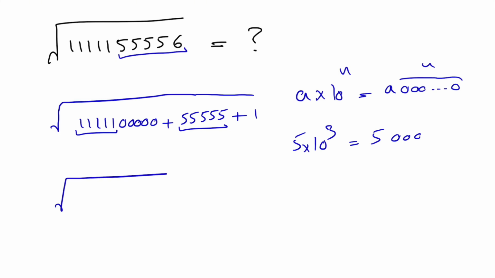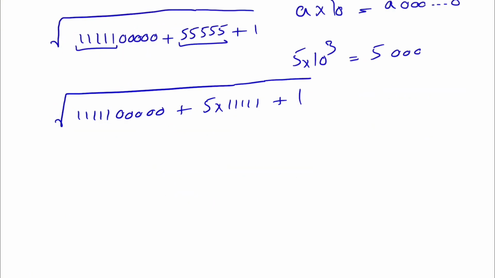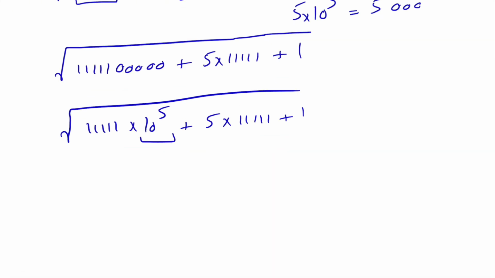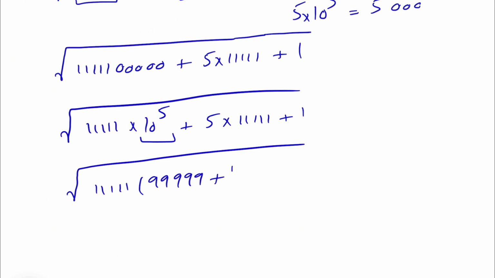We know we have 111 with 5 zeros, plus 5 times 111, plus 1. So from the first number, we will have 111 times 10 to the 5 plus 5 times 111 plus 1. For the 10 to the 5, we can write it down like this: 111 times 99,999 plus 1.